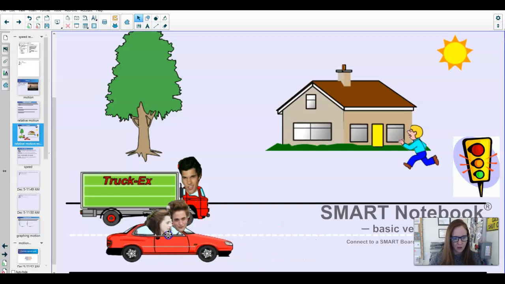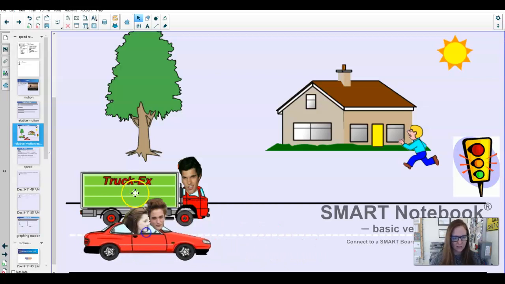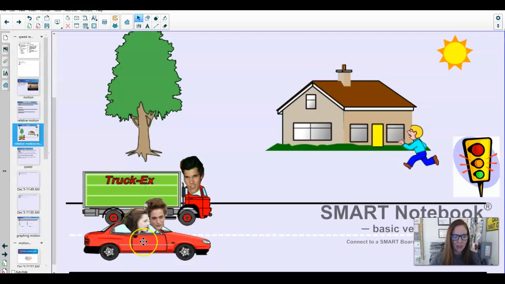Okay. Also, let's look at Jacob's truck here compared to Edward's car. If we imagine, because I can't move them both at the same time, that they are both driving down the road at the same speed in the same direction, are they moving compared to each other? Is Jacob moving compared to Edward?